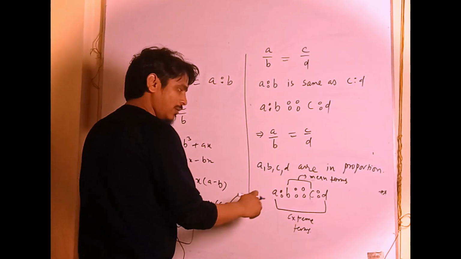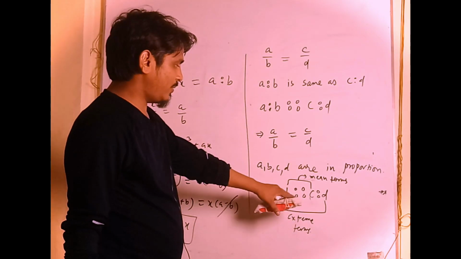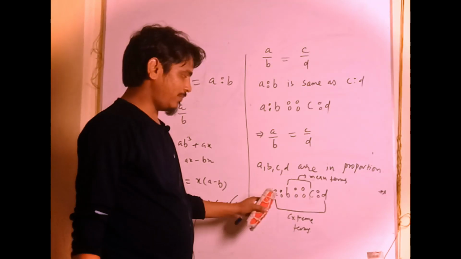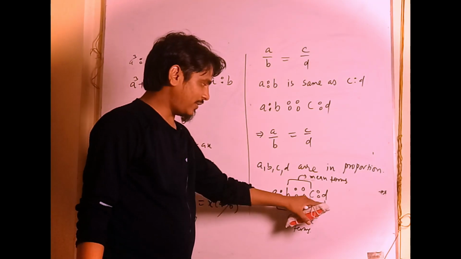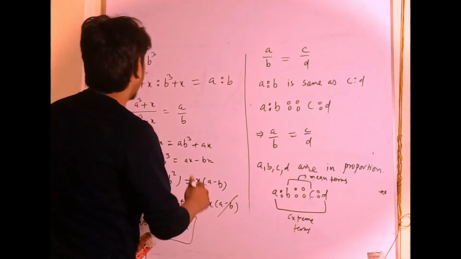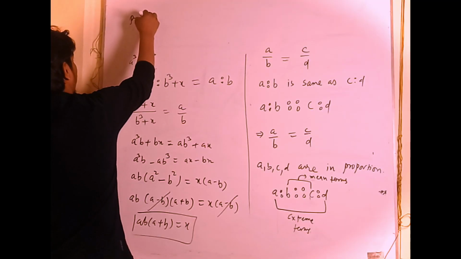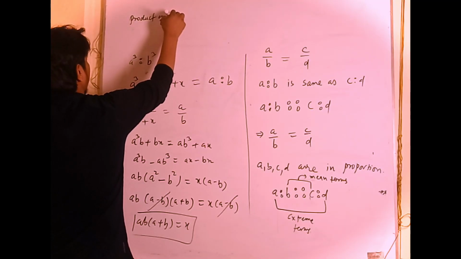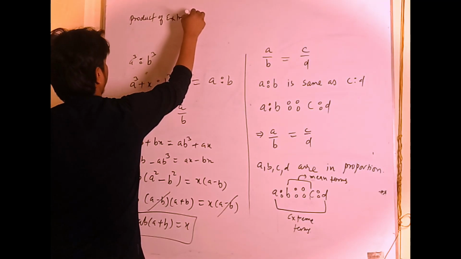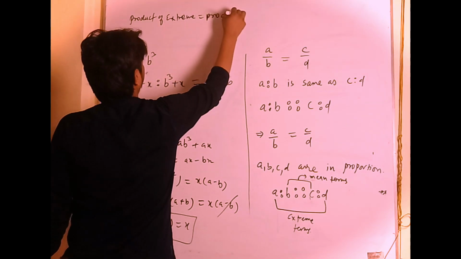So if A ratio B is proportional to C ratio D, this is possible only if the product of extremes is equal to the product of means.